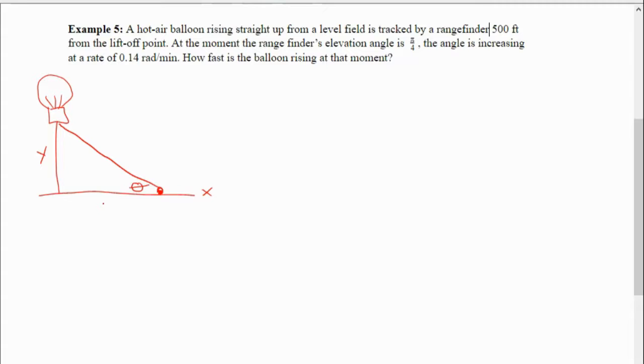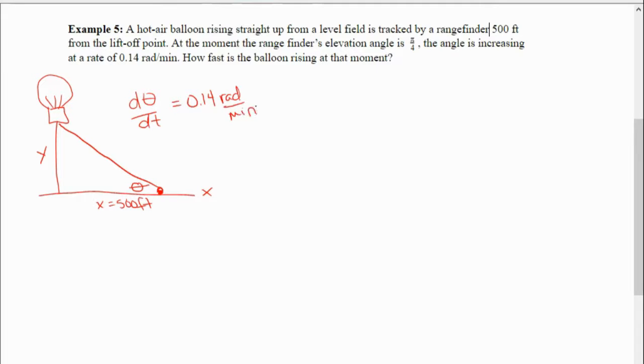And what else do we know? That rangefinder is 500 feet away from the liftoff point. At the moment, the rangefinder's angle of elevation is pi over 4. The angle is increasing, so we do know a d theta dt, the change in that angle, is 0.14 radians per minute.